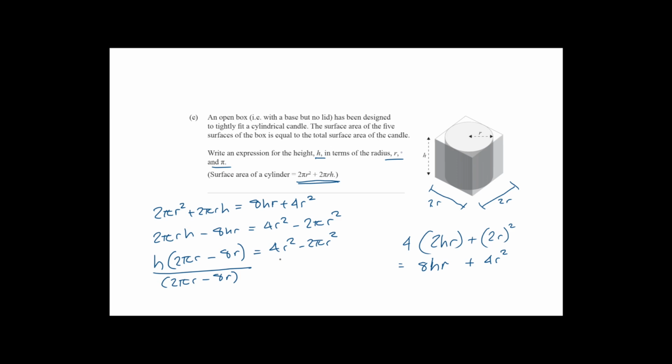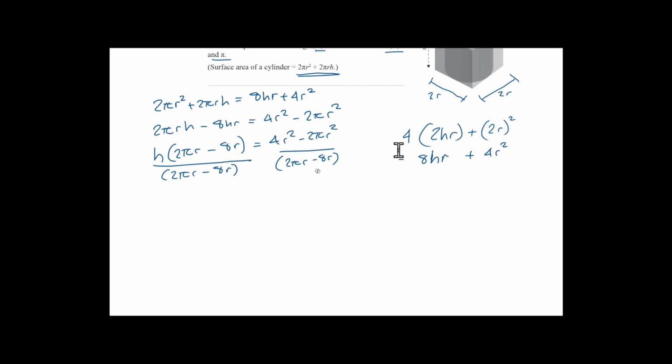Whatever we do to one side, we have to do the other side. Now those are going to cancel. So we're left with h equals 4r squared minus 2 pi r squared all over 2 pi r minus 8r.